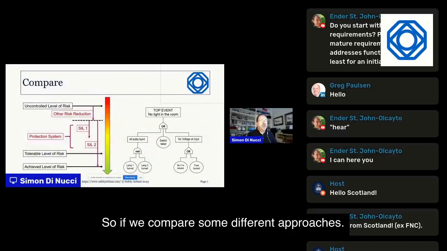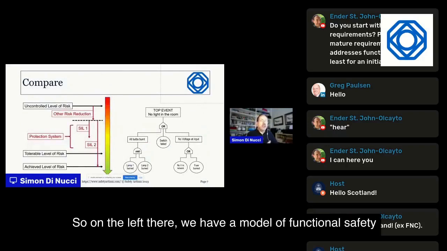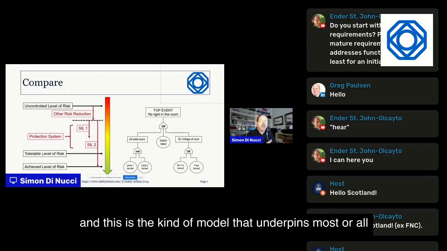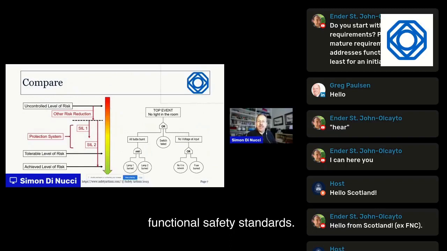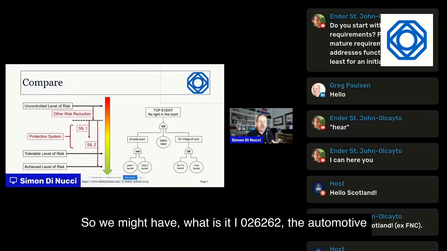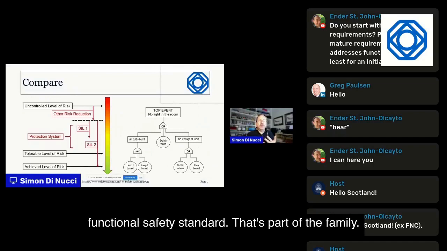So if we compare some different approaches, on the left there we have a model of functional safety, and this is the kind of model that underpins most, in fact all, functional safety standards. So that's the IEC 61508 family. We might have ISO 26262, the automotive functional safety standard.